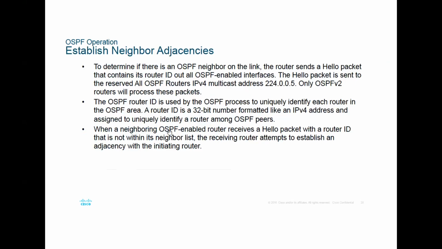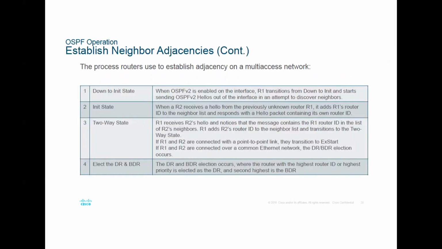When a neighboring OSPF-enabled router receives a hello packet with a router ID that is not within its neighbor list, the receiving router attempts to establish an adjacency with the initiating router. These are the routers used to establish adjacency on a multi-access network.